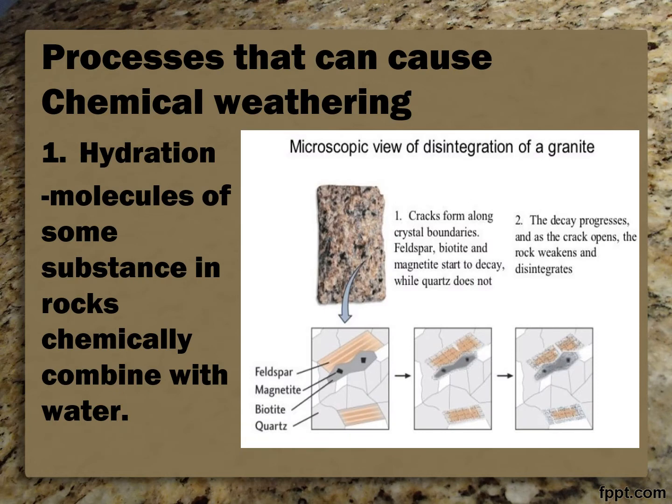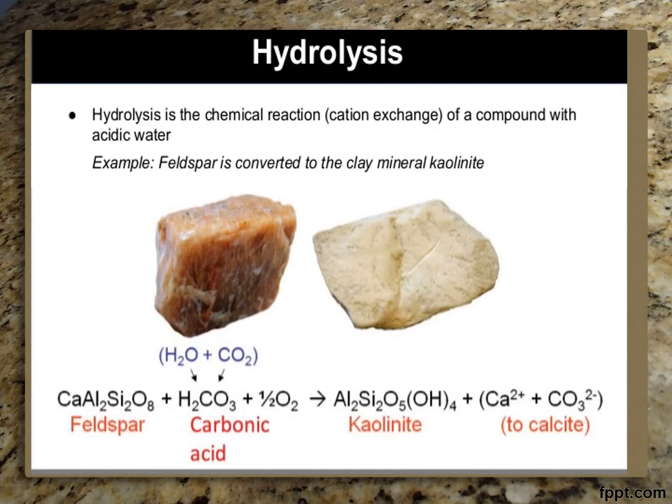And now let's talk about the process of chemical weathering. First is your hydration. Molecules of some substance in rocks chemically combine with water. That's your hydration. Nagko-combine ang H2O into the chemical composition now of the rocks, making your rocks softer and prone to breaking. Okay? While hydrolysis is the chemical reaction of a compound with acidic water.